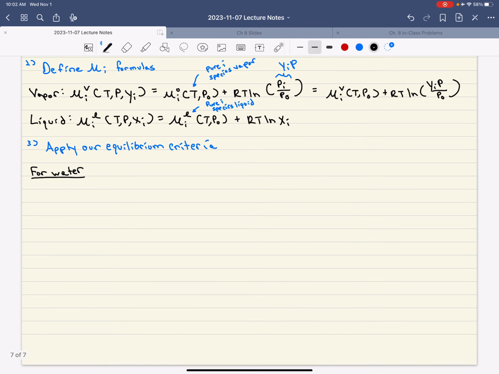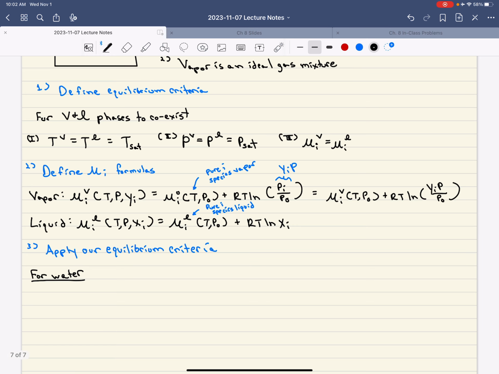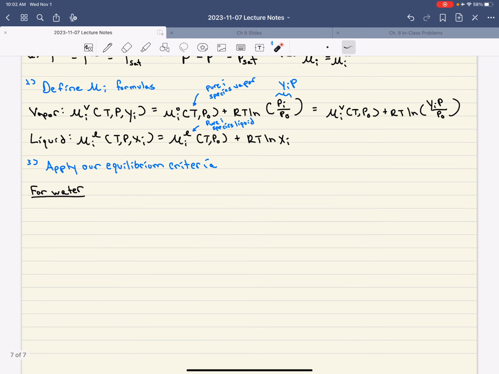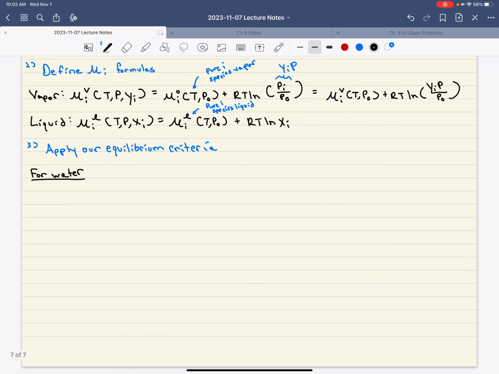And for water, when we wrote our chemical potentials, we had some standard state pressure that we need to deal with. The standard state pressure I'm going to use for this problem, and this will apply to both the water and the CO2, is I'm going to let our standard state pressure be whatever the saturation pressure is for pure water at some temperature.